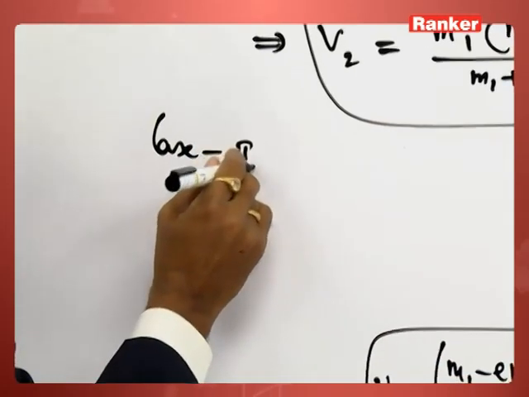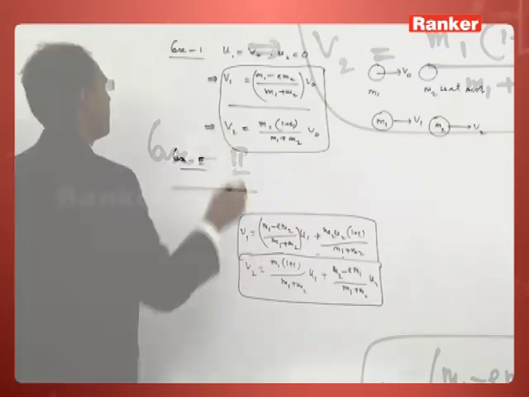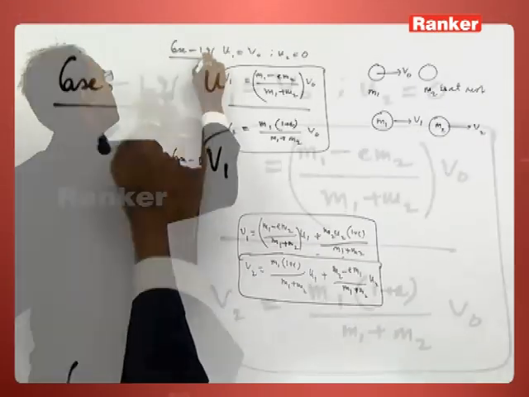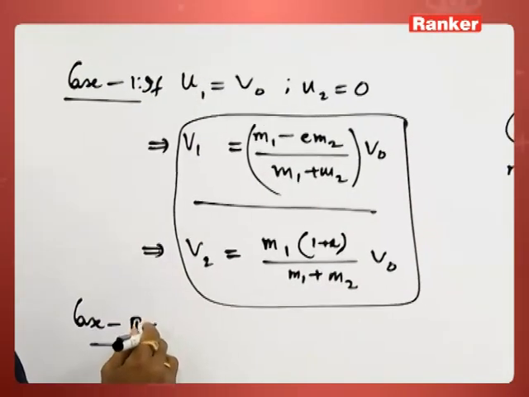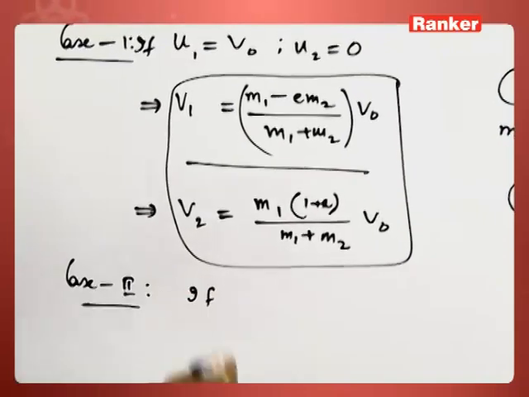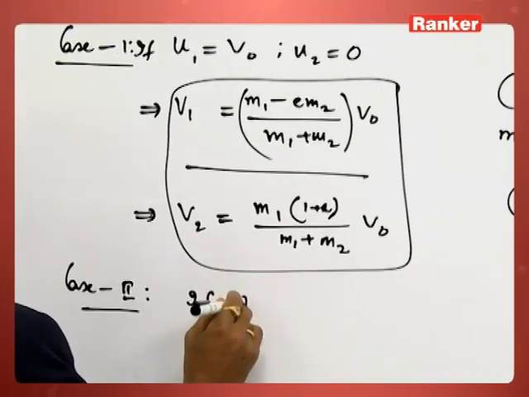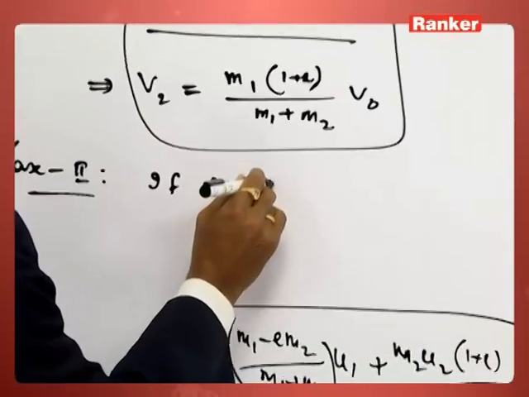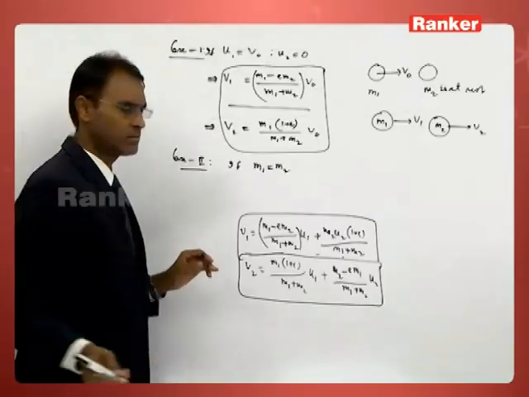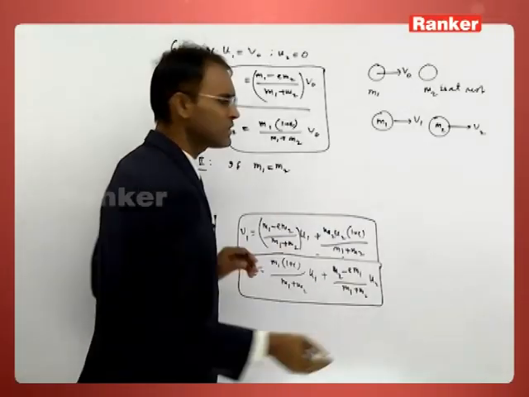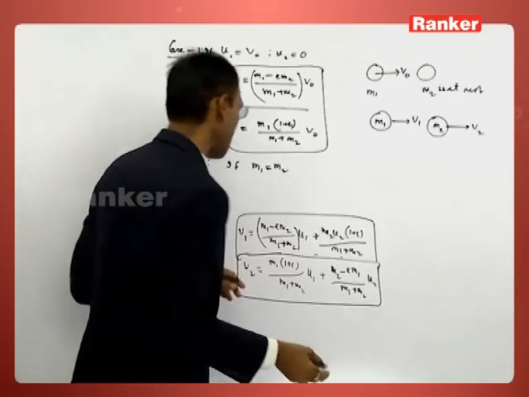Case 2. If two bodies are equally massive, the masses of the two bodies are the same, then what will happen?